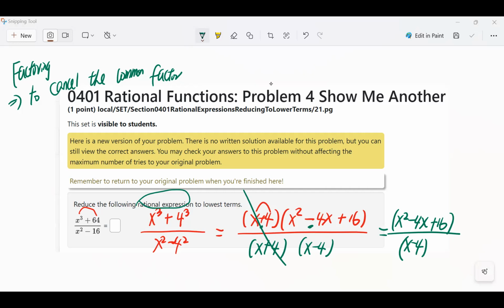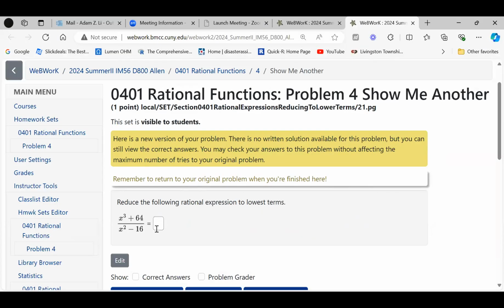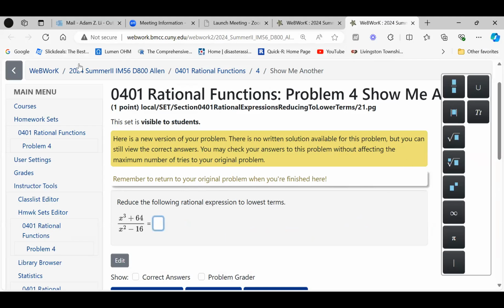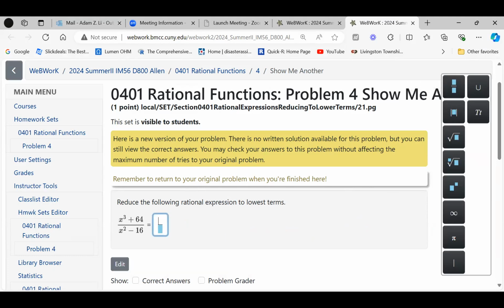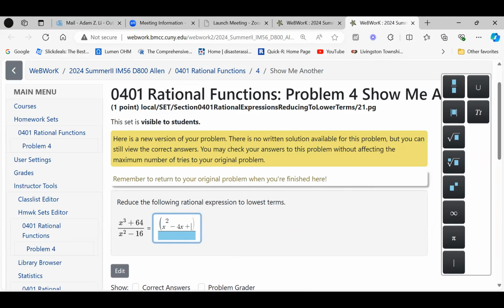Any question about this? We can put in the answers here. On the side, you see this is the WeBWorK, and then you can create a fraction. On top will be x squared minus 4x plus 16. On the bottom will be x minus 4.